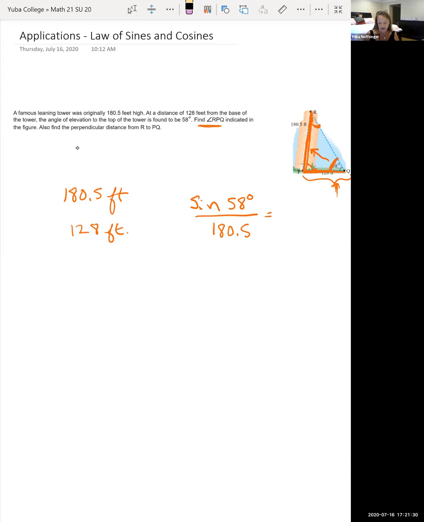If I know this angle across from the side that we know, then we can figure out what the angle in here has to be, because the sum of all three angles has to be 180 degrees. And we know here that this side is 128 feet. So let's call the angle sine of theta.